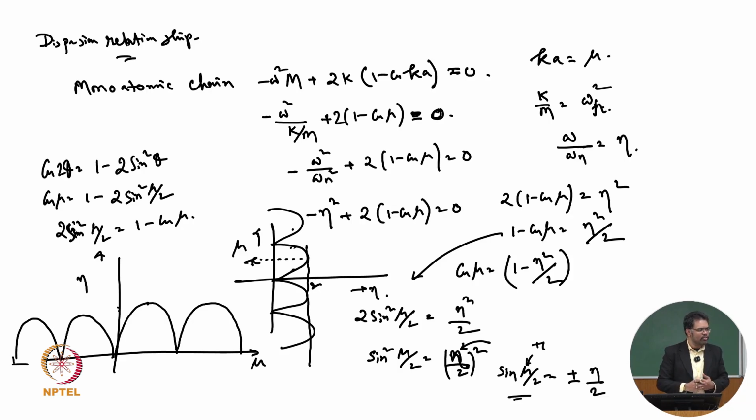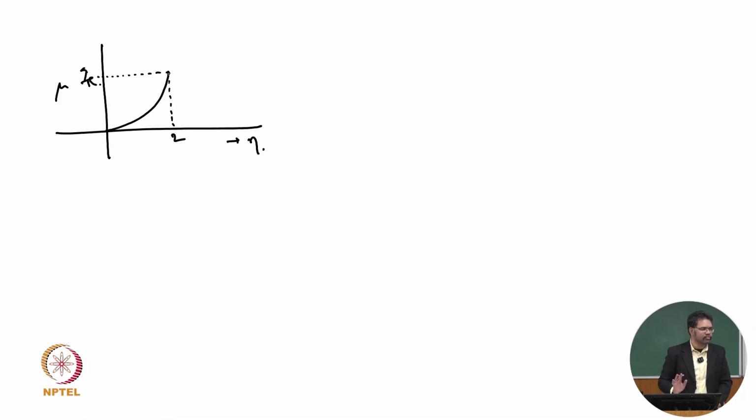It's not, so we don't need to think unnecessarily about the general solution. Rather, focus on the first solution, which gives us this simple curve. Is that clear? We are reaching up to mu equals pi, and we can see that up to eta value 2, we are able to get real wave propagation. What about after that?